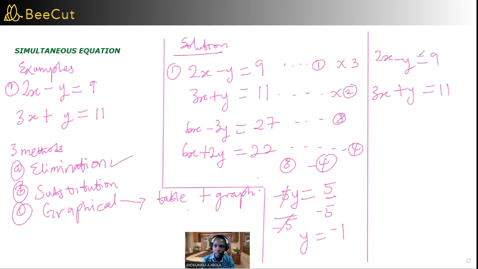So we just go ahead and eliminate. I explained to you that if there are different signs you add, so this is equation 1, this is equation 2. So right now, we're going to add equation 1 and 2. So adding equation 1 and 2 means 2x plus 3x, and that's going to be 5x. Then adding equation 1 and 2 again means this plus this. So negative y plus positive y gives me 0.